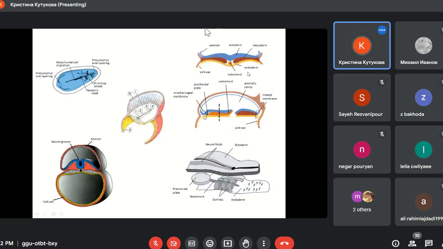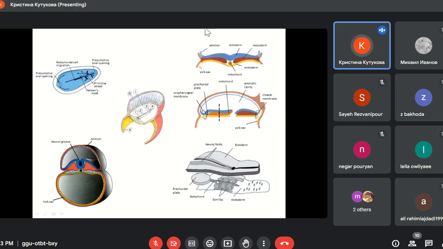In this picture we can see only notochord, because the section was made like this, at the level of notochord, but the precaudal plate is not included in this section. So notochord and precaudal plate, these are central organs, and the mesoderm, which consists of somites. These are bunches of tissue, some portions of tissue, which are located in pairs along the notochord.